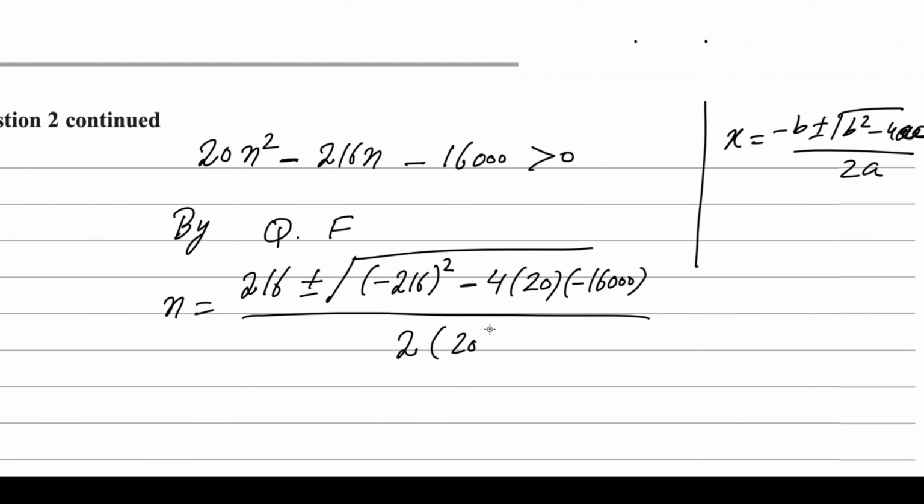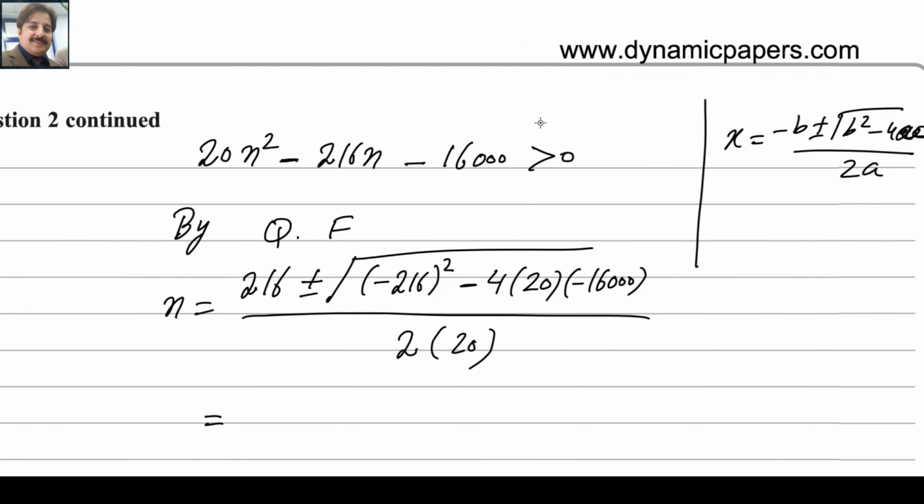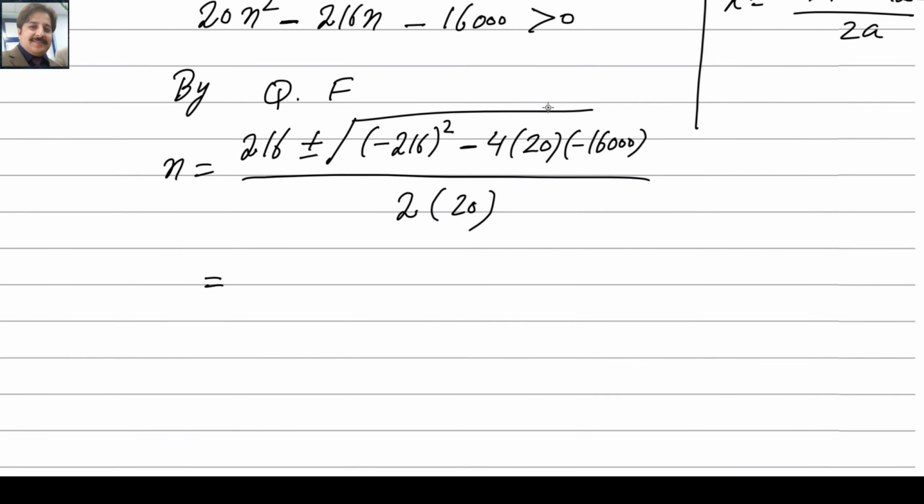A is 20. Now solve the value under the square root. What is that answer? Let me check with the calculator. If you write as is in the calculator with the square root, you get the answer as 216 plus minus 1151.8 divided by 40. N are the number of values.